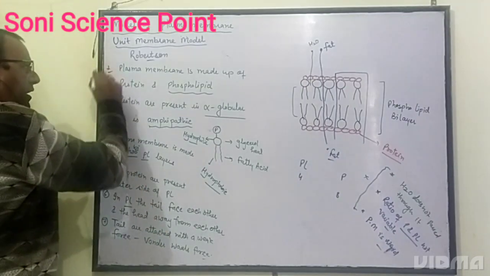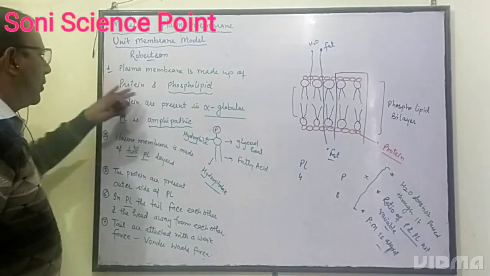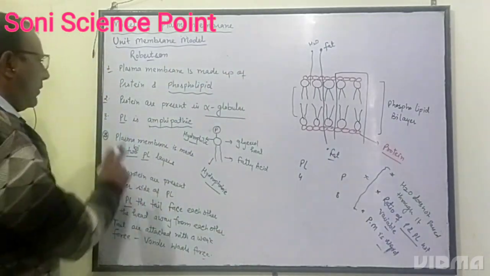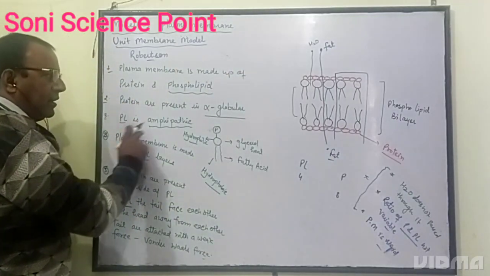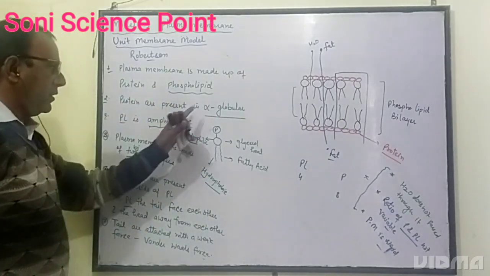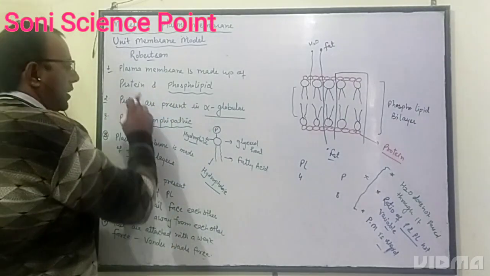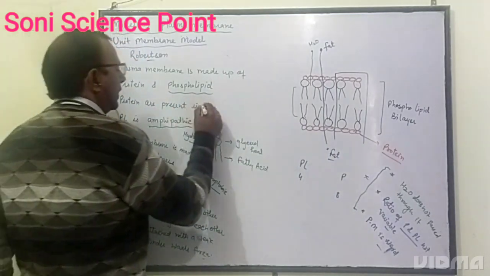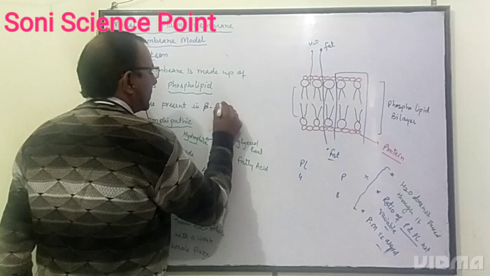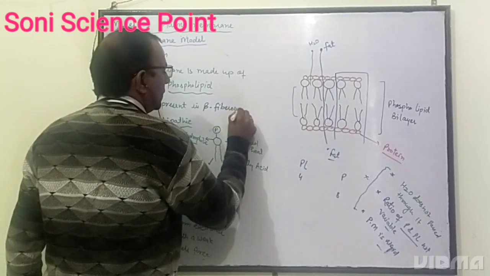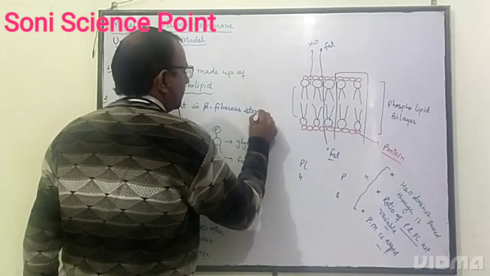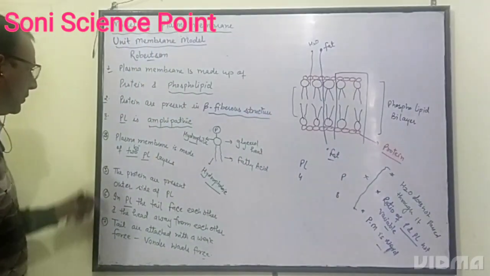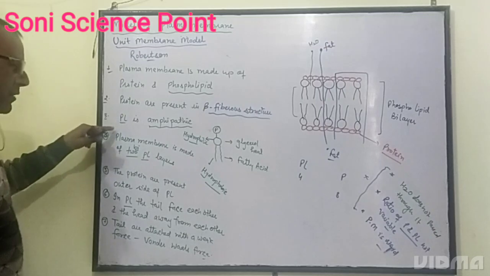First, he said plasma membrane is made up of protein and phospholipid. There is no change. Second, according to Danielli and Davson, proteins are present as alpha globular structures, but according to Robertson, proteins are present in beta fibrous structure.